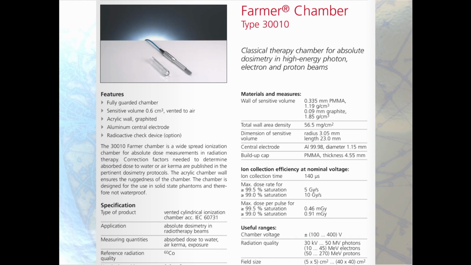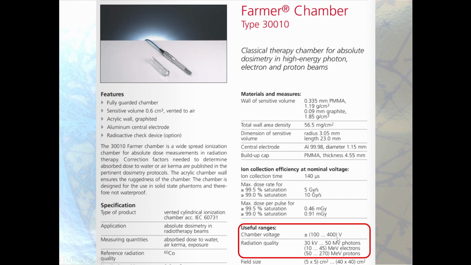Let's have a look at a typical device for measuring the dose. There you see we have a chamber, a gaseous detector, which is used for absolute dosimetry in so-called high energy photon, electron and proton beams.